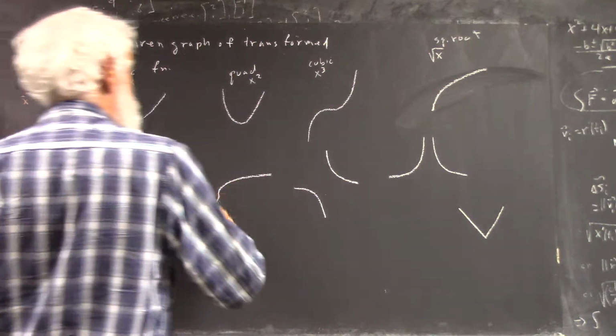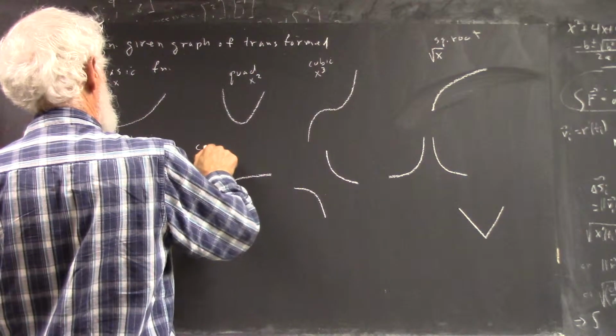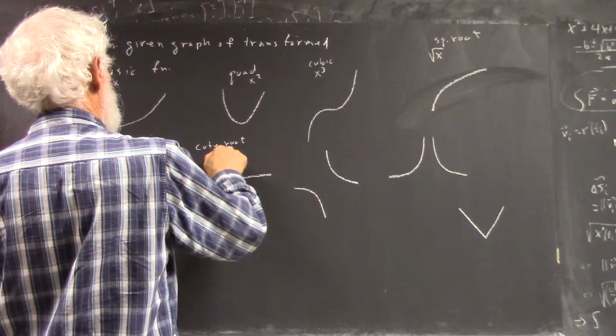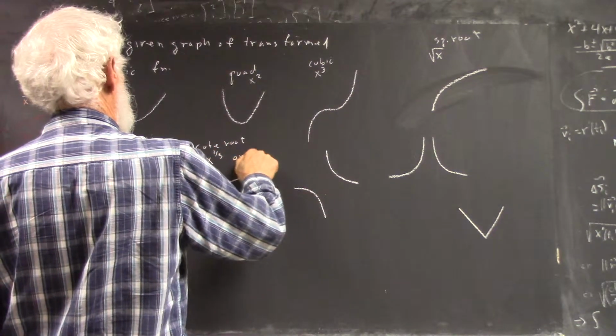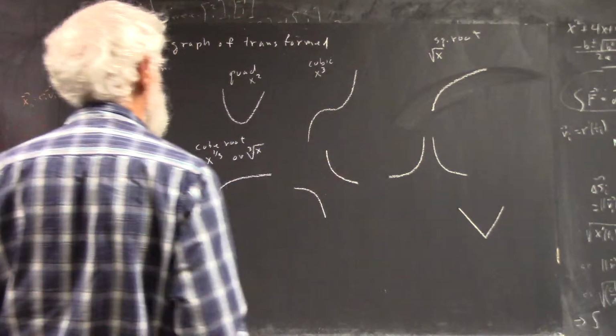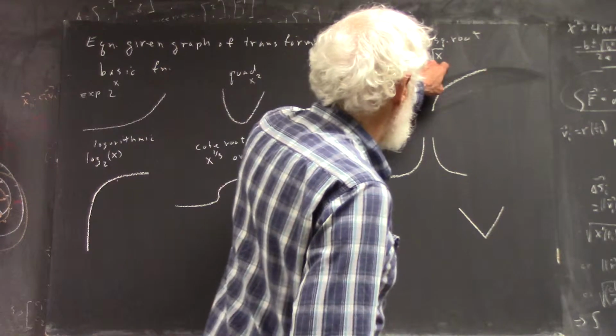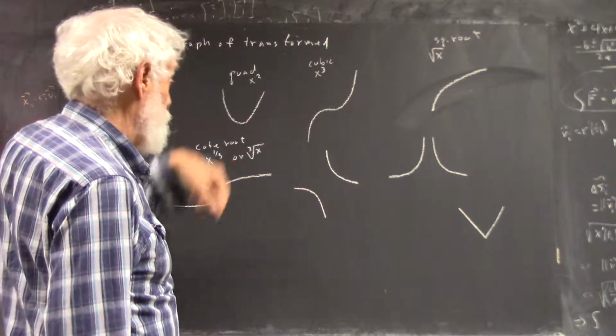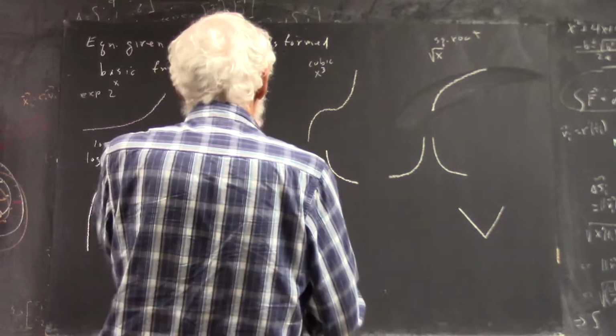This is your basic cube root, and it's inverse to the cubic function. The square root function is inverse to one branch of the quadratic function, as we hopefully know.